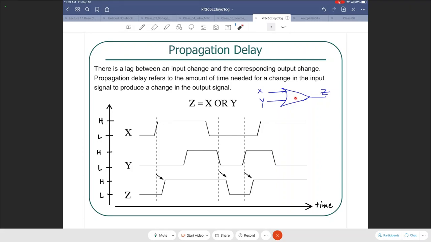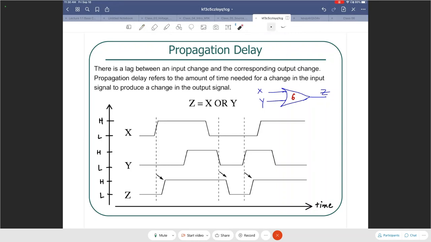Because remember, inside a 2-input OR gate, how many transistors do we have? 1, 2, 3, 4, 5, 6. 6 transistors, right? There are 6 CMOS transistors inside that guy. 4 for NOR, 2 for NOT. So it is going to take some time, even though it is going to be very, very small, in the order of maybe tens of nanoseconds. It is still going to be some time.